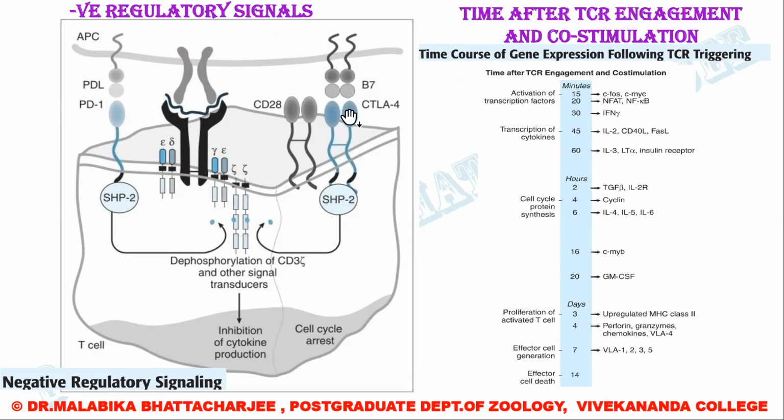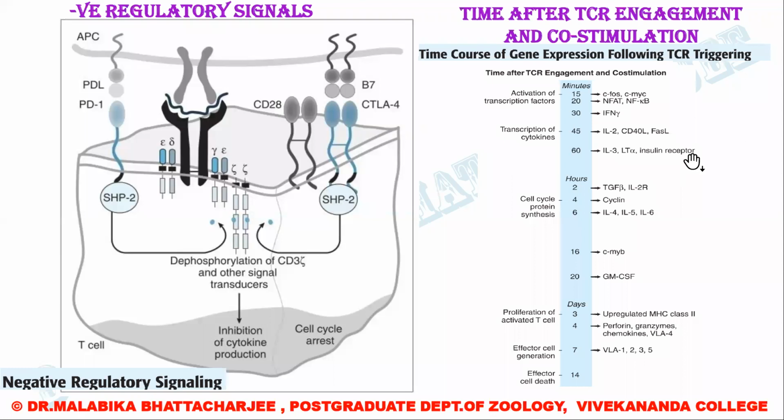So just after their activation on the cell surface, after a lapse of 48 to 72 hours, they engage with the B7, truncation of this signaling is done, and the T cells are then inhibited. So this is how CTLA4 actually brings about dampening of the T cell activation.